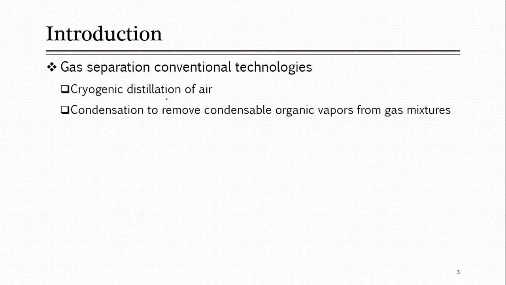Then there is condensation, to remove condensable organic vapors from a gas mixture. When there are various gas mixtures, especially in the natural gas industry, when you want to separate these smaller hydrocarbons from gas streams, one method which is used is to condense those condensables. Suppose it is a mixture of various hydrocarbons, from methane and then higher hydrocarbons, some of those can be separated from these gases by using condensation.